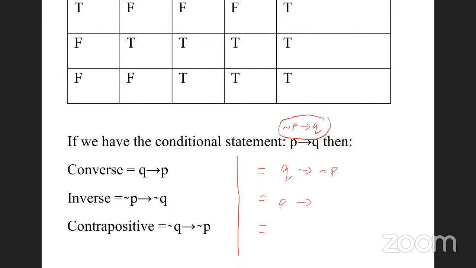P implies not Q. And last one is what? Negation of Q implies P. So you flip it around and you negate that. Or you can just negate the converse, or you can flip the inverse. Okay, so those are some of the rules that we need to learn.